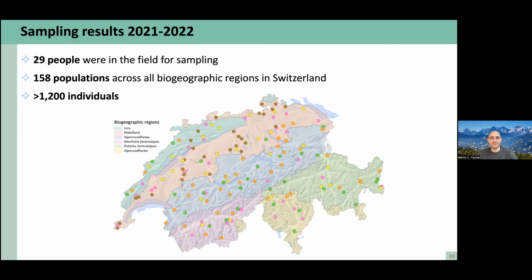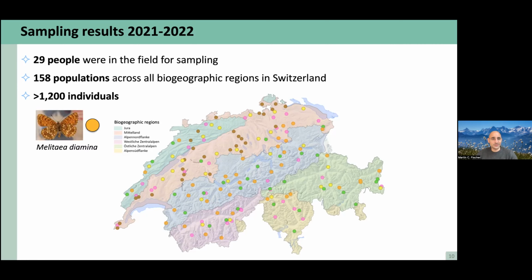Even given that spring and summer 2021 was in terms of weather very bad, it was very wet, it was very cold. So especially for butterflies or toads, it was very difficult because the breeding season and the flying time was massively reduced, and we had quite some trouble, especially for the butterfly. In eastern Switzerland, we had to do some resampling in 2022 because we couldn't find the butterflies in 2021.